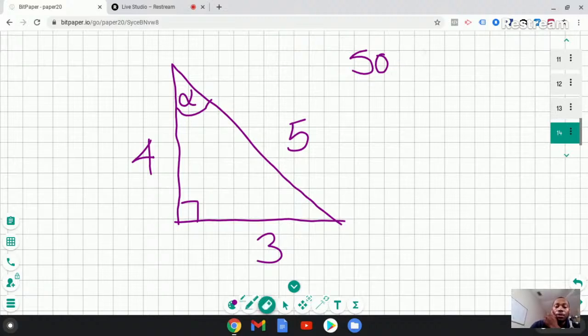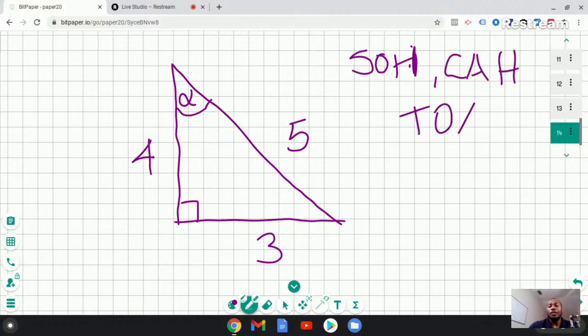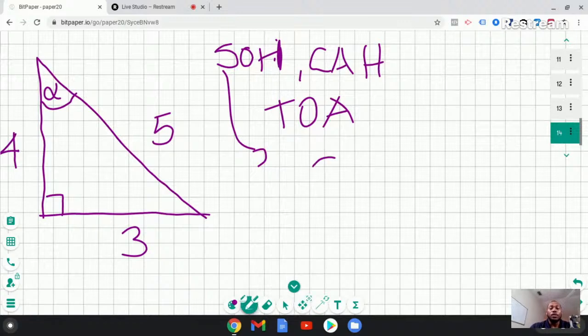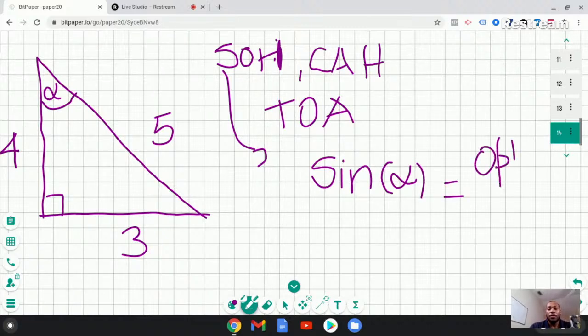SOH CAH TOA. As the name suggests, and I know you guys asked me to touch on this, sine is equal to opposite. So let me move this so I can define it for you. If I need the sine of an angle alpha, I'm going to take the opposite side and divide by the hypotenuse, and I'm going to abbreviate those and not write the whole word.